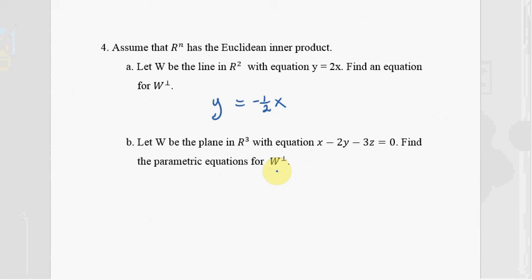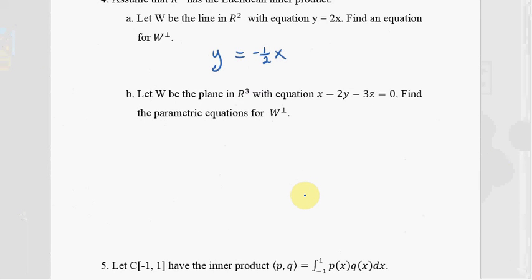So let me see if I can build this and show you what's happening. If you have any plane in R3, let's take this to be a plane here.